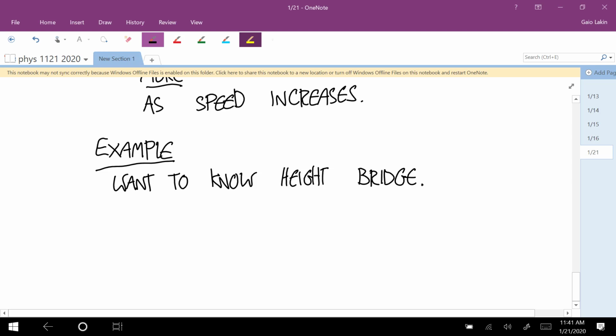And so what you do is you drop, let's say, an object for now, off the bridge and time how long it takes to hit the water.